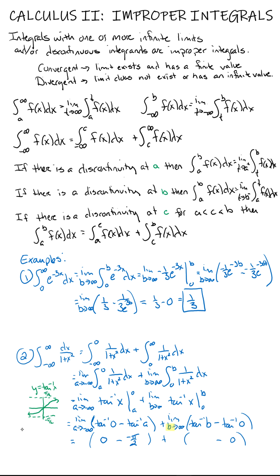Now, as b goes to positive infinity, the inverse tangent of b, again looking at our graph, as we get larger and larger on that graph, it looks like that graph is going up to positive pi over 2.